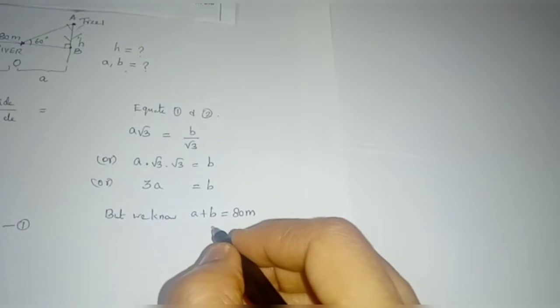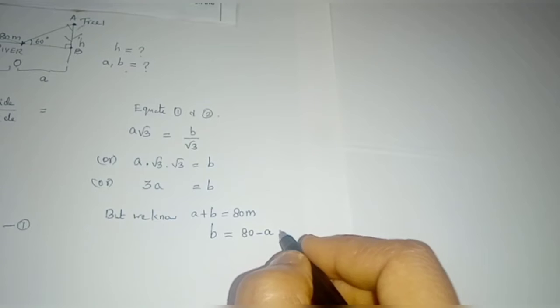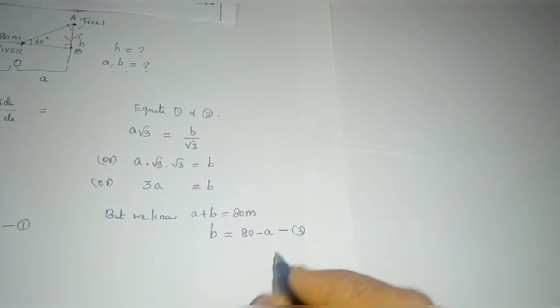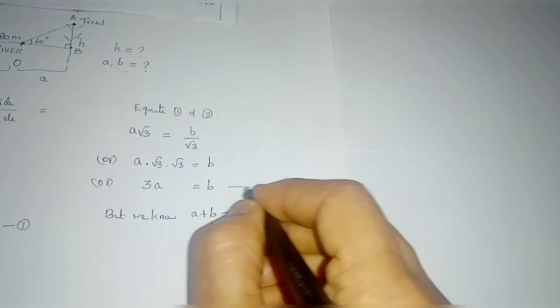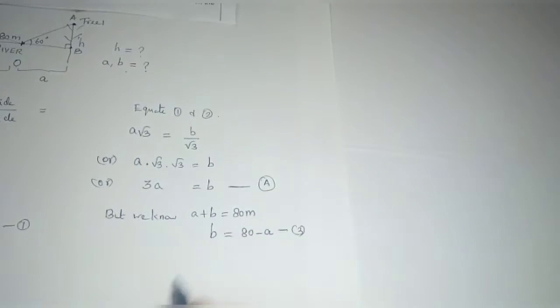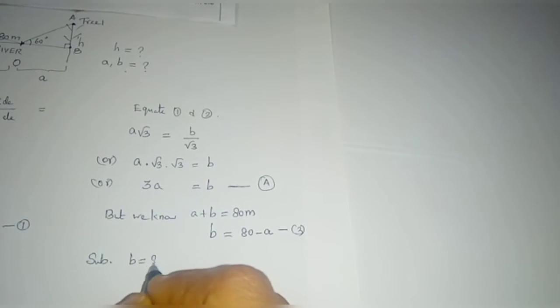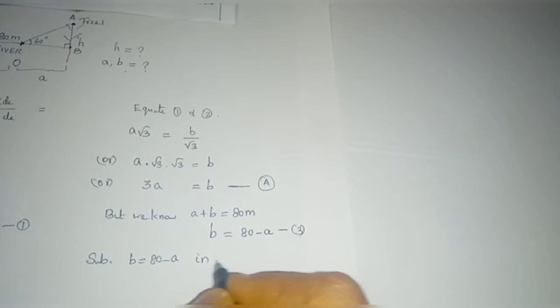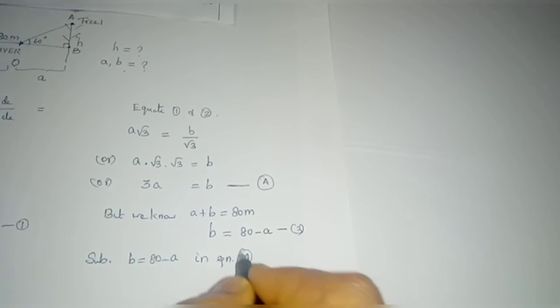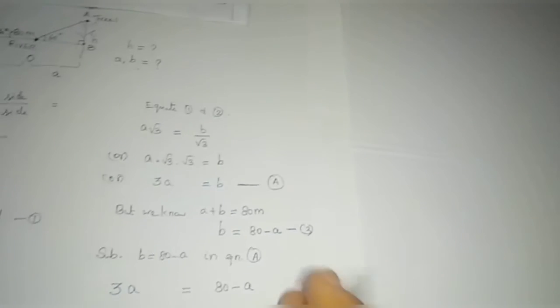Okay, so what is b? b is 80 minus a. So you keep this as equation a, and substitute b equal to 80 minus a in equation a. So if you substitute, you will get 3a is equal to 80 minus a.